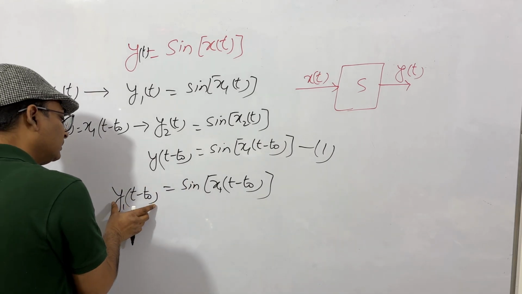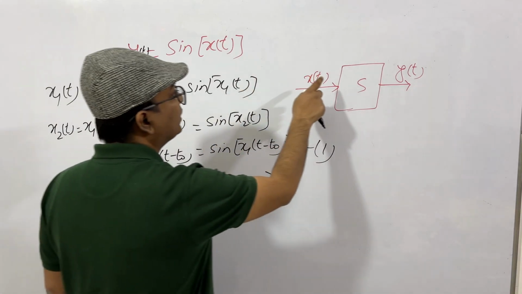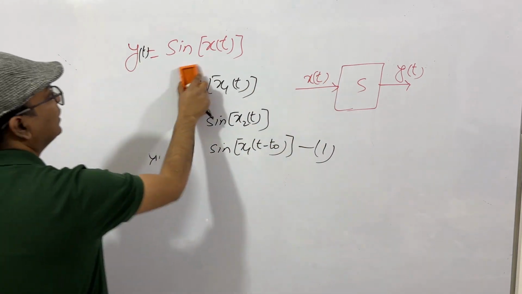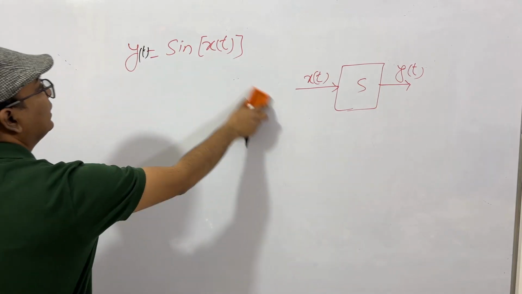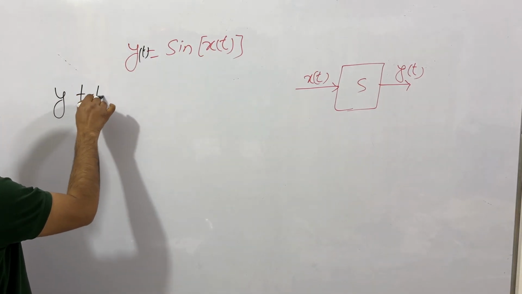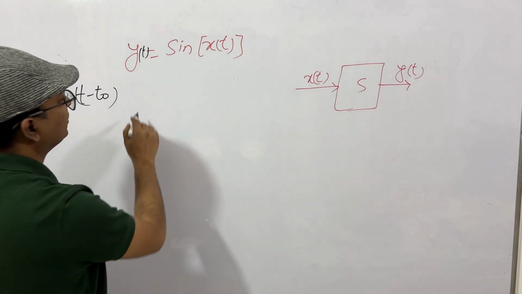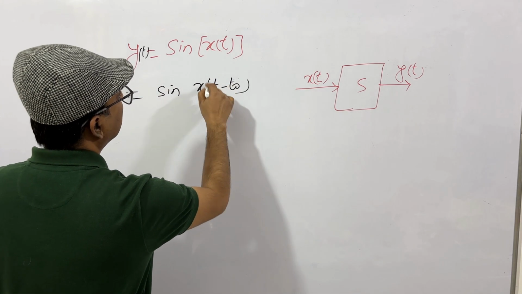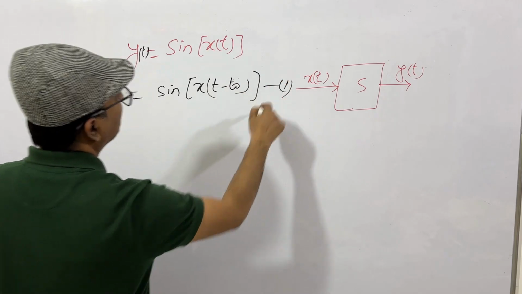So directly from the system, understand it like this: let's drop x1, x2. Let's say this is the system. What will be y(t minus t0)? Directly from the definition of the system, it will be sine x(t minus t0). Let it be 1.